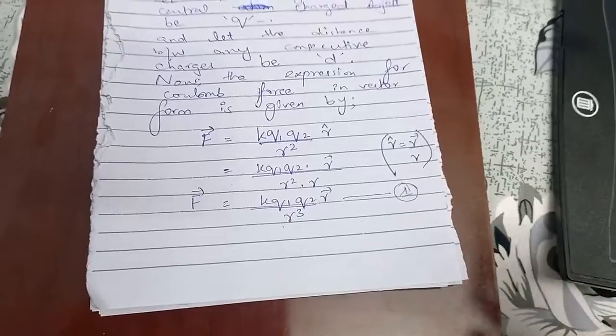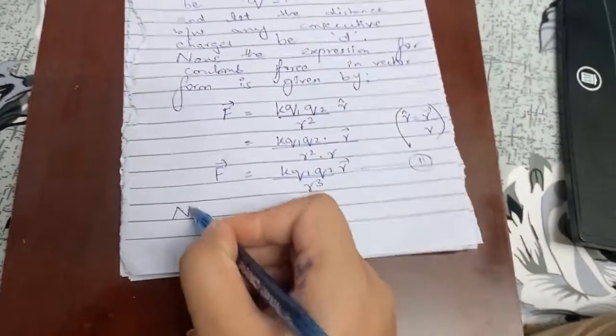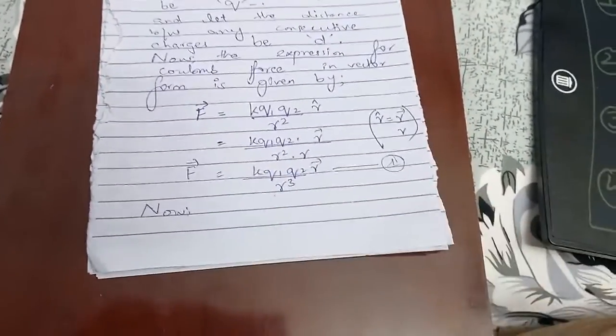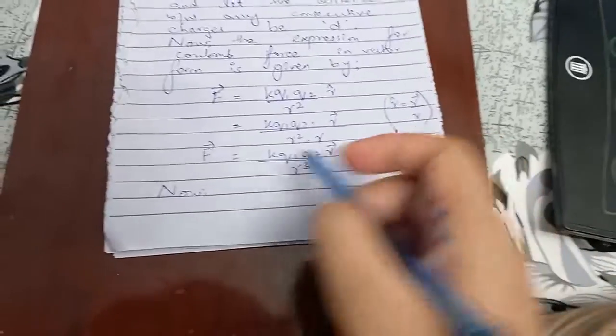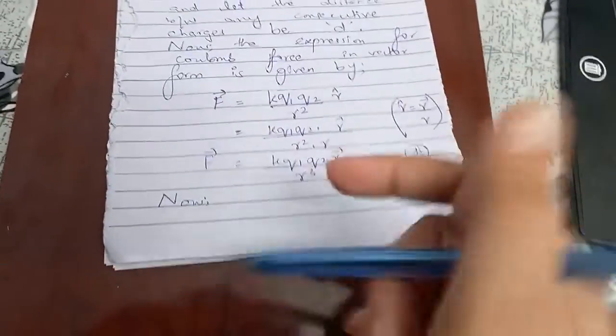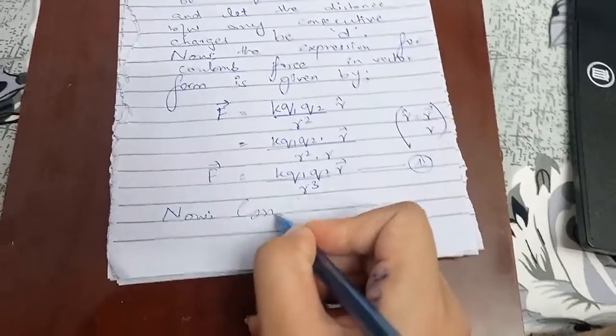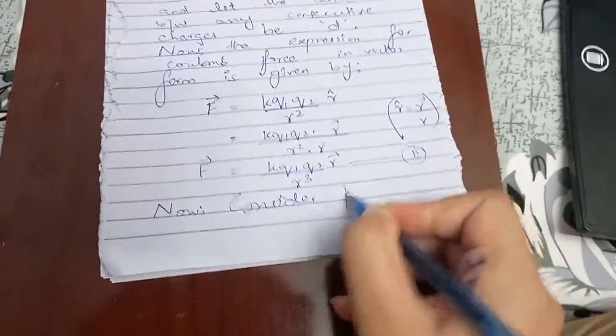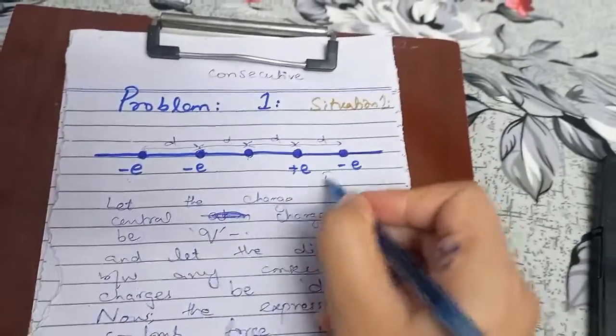Now let's make a vector figure in which we define a coordinate system so that it becomes easy for us. This is figure number 1.